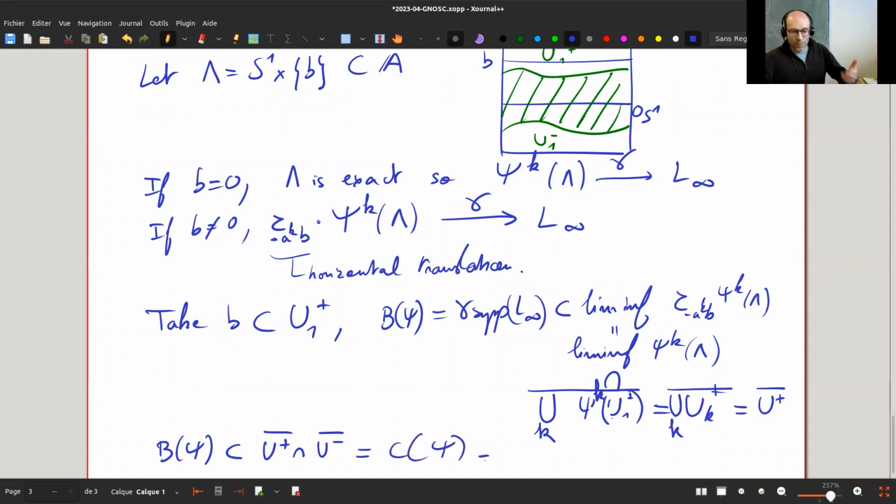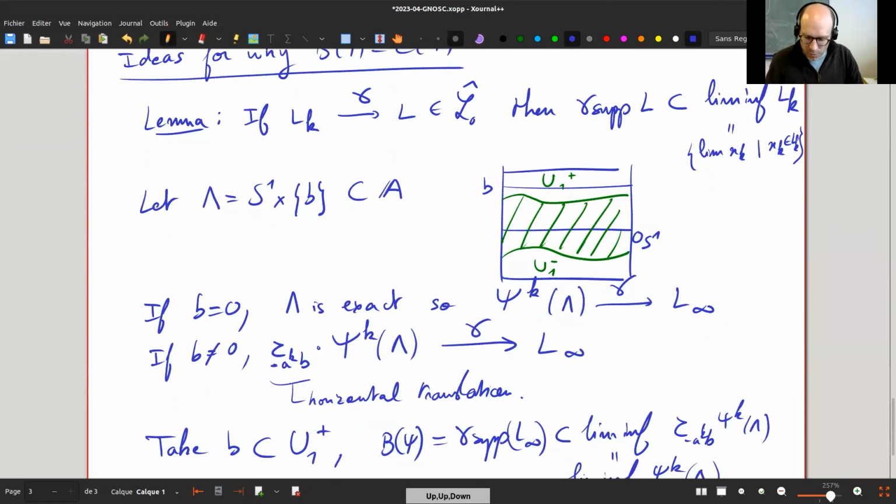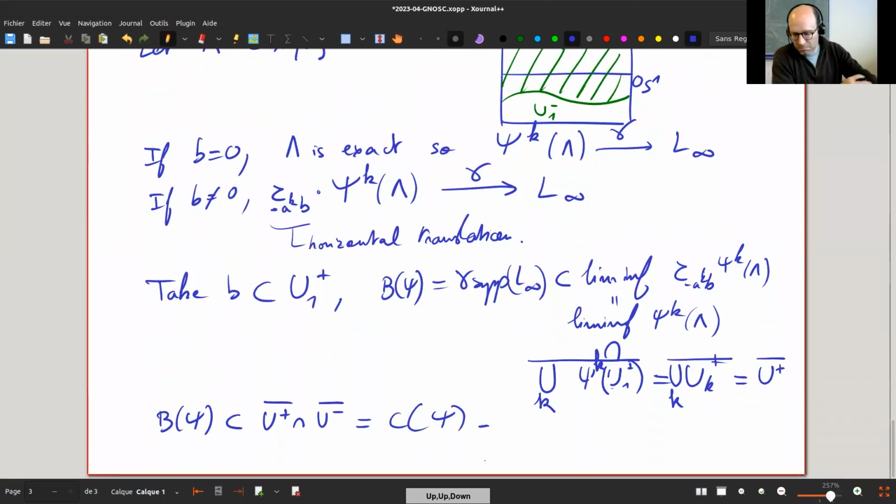So somehow using this lemma above and some tricks, we can easily show that you have this inclusion. And now the reverse inclusion is even easier.